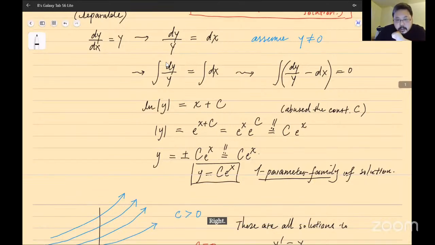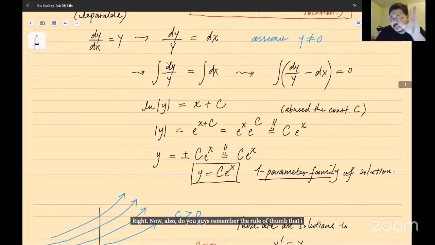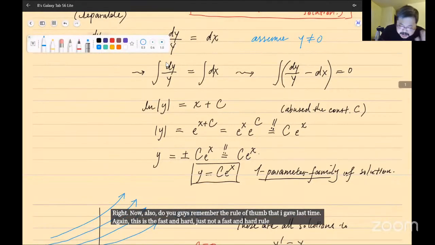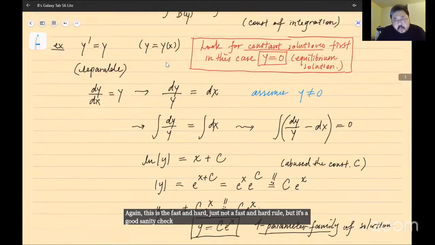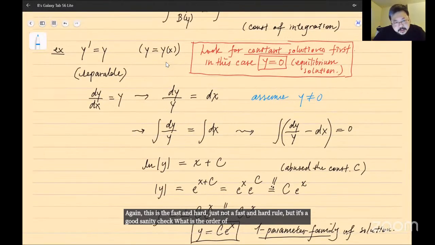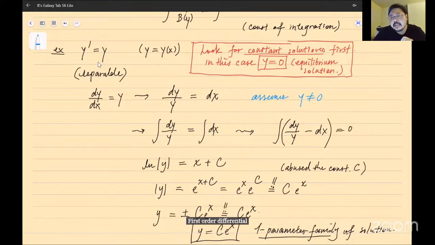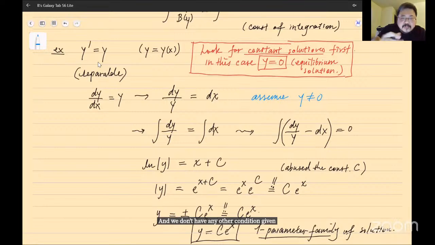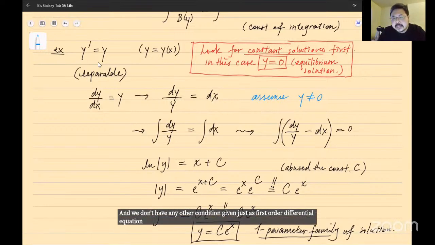Now, also, do you guys remember the rule of thumb that I gave last time? This is not a fast and hard rule, but it's a good sanity check. What is the order of this differential equation? What would you say? This is a first order differential equation. And I mentioned that the rule of thumb is if we have a first order differential equation and we don't have any other condition given, just this first order differential equation, we should expect a one parameter family of solutions.